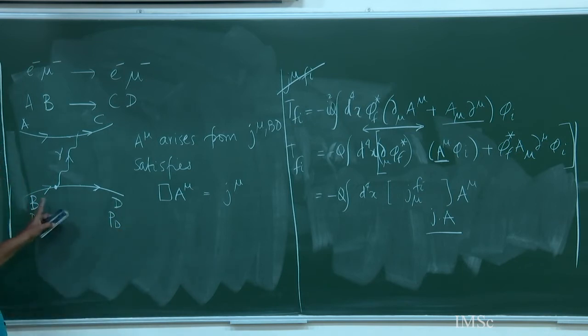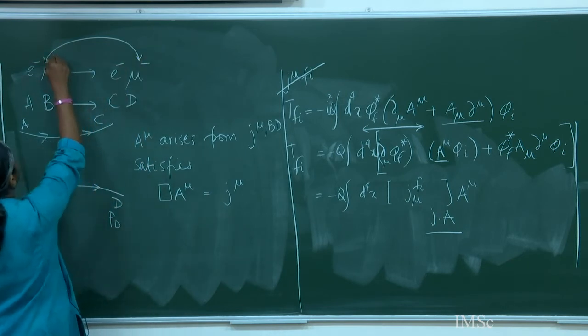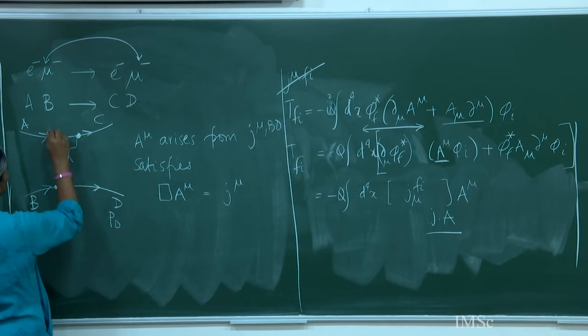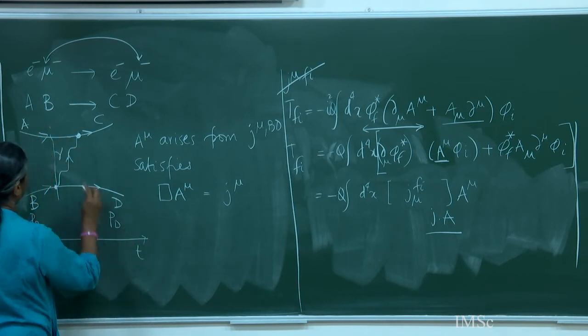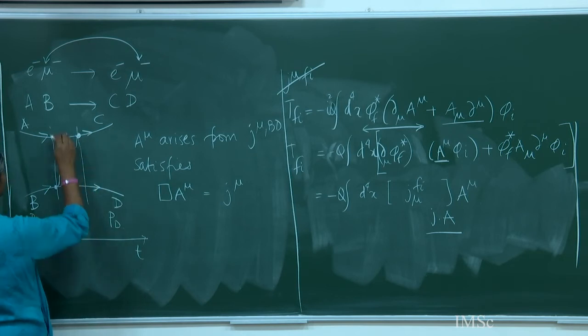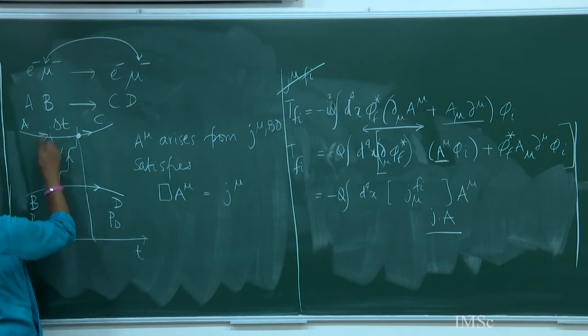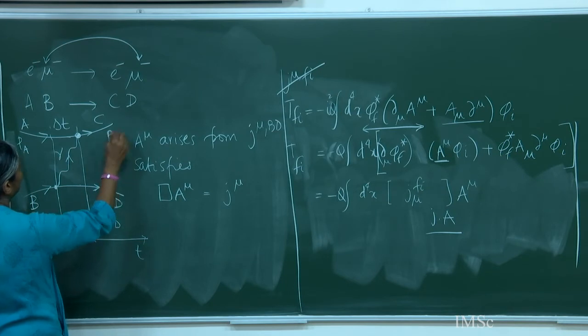It's the same particle, it's still a muon going to a muon, okay, still the same particle, and at some other later time, so this is the time axis, so at some later time, so delta t later, this A absorbs this photon and goes from a momentum Pa to a momentum Pc.